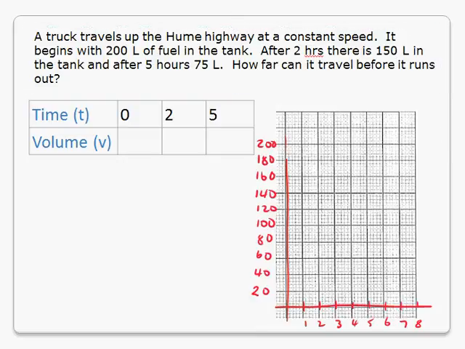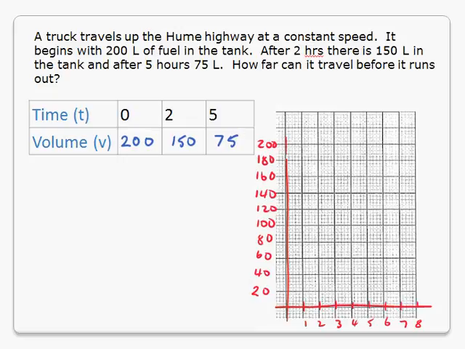Alright, so let's fill in the values. Let's have a look through. Alright, 200 litres to start off with. So at 0 I had 200 litres, and after 2 hours I had 150, and after 5 hours I had 75.